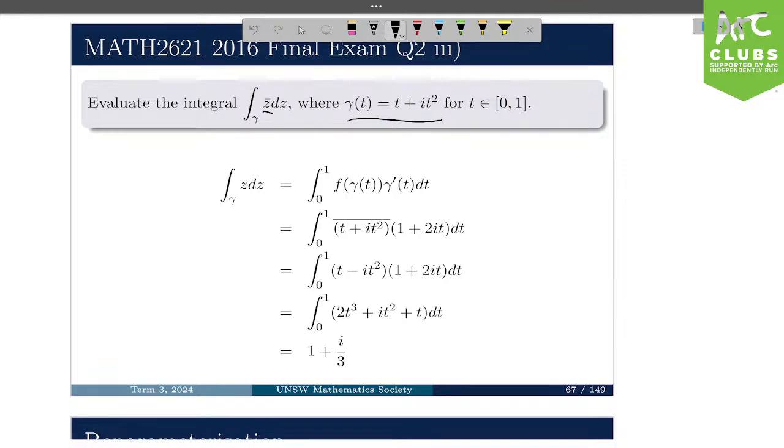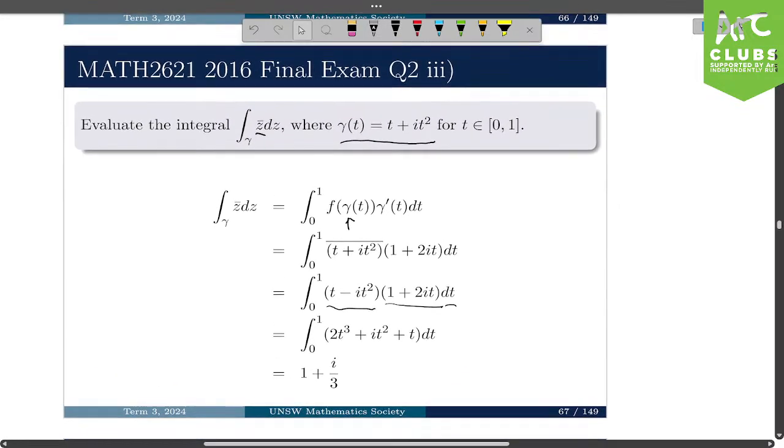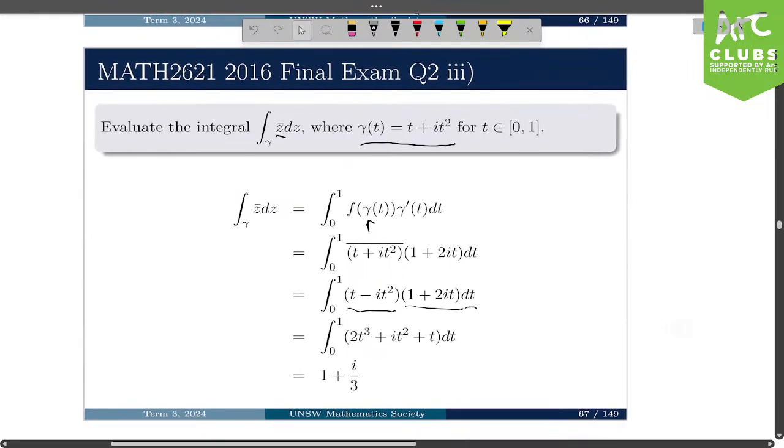And when that's substituted into our function f, that means that we take the conjugate of t plus it squared, which turns out to be t minus it squared, and we're multiplying by this term, the derivative here, and dt. So it turns out that we're just integrating a polynomial of t, which we know how to do from real calculus, and it evaluates to 1 plus i over 3.